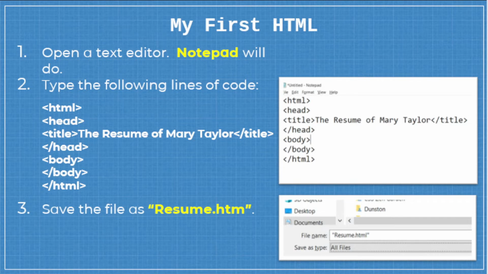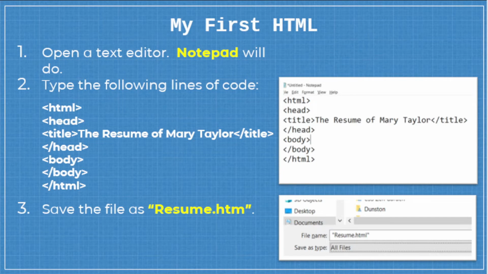We do this activity for saving only every time we start the first document that we create in Notepad. After that you'll just have to press Ctrl S. But if it is the first time that we save the file, we do these steps. Save it as resume.htm.